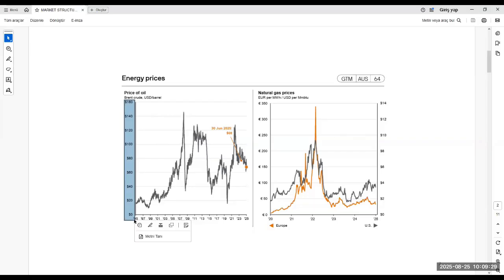Normally till 2000, it is around $20 or $30. Then after the dot-com crisis, prices suddenly hike up to $140 per barrel. Then there's a sharp contraction from 140 to less than 30. This is the 2008 global financial crisis all over the world.